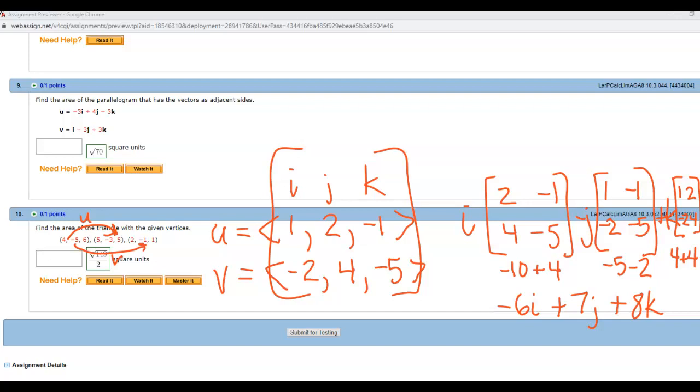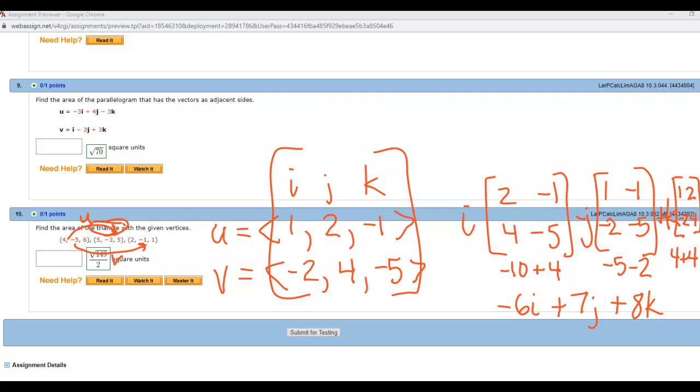What gives us the area? It's the magnitude of the cross product. And look over here in this green box. You see how it's divided by 2? Anybody have a guess why it's divided by 2? A triangle is half of a parallelogram, isn't it? So you have to cut your area in half.